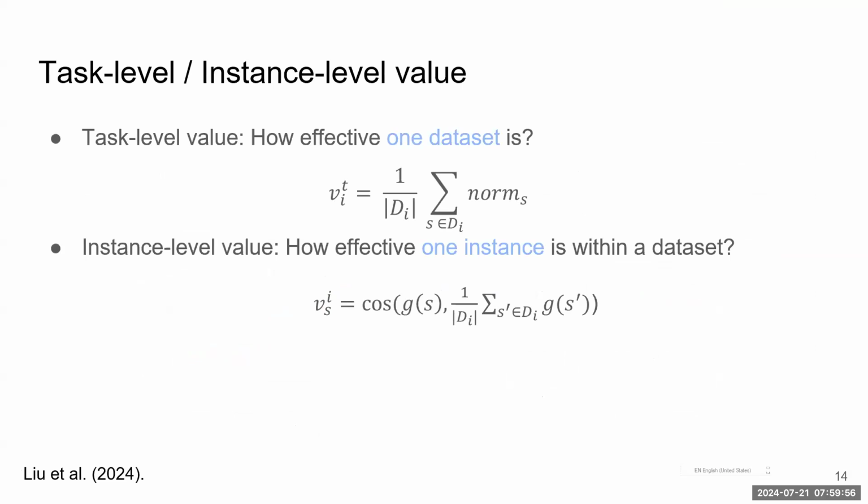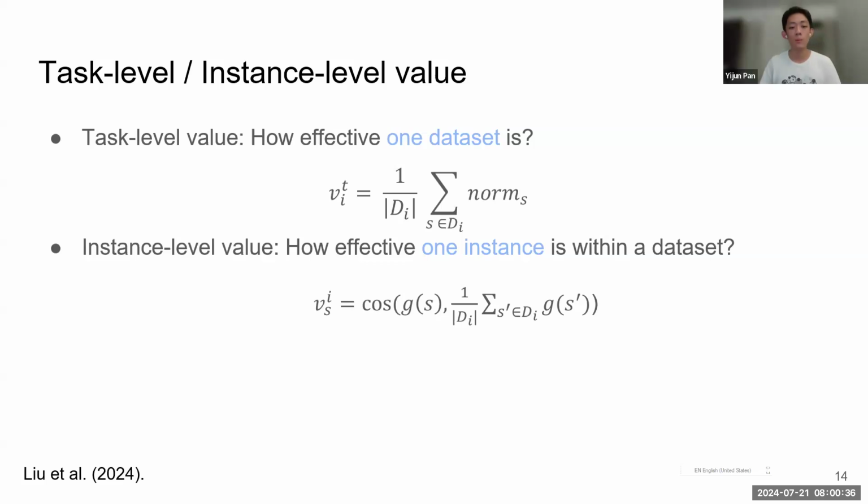After the calculation of gradient, it's likely that this cosine similarity will select the major parts instead of focusing on the outliers. So I was wondering whether this instance level value will ignore those outliers.